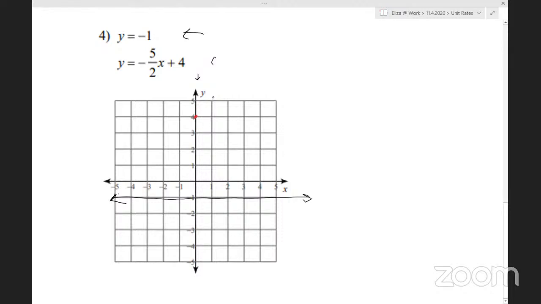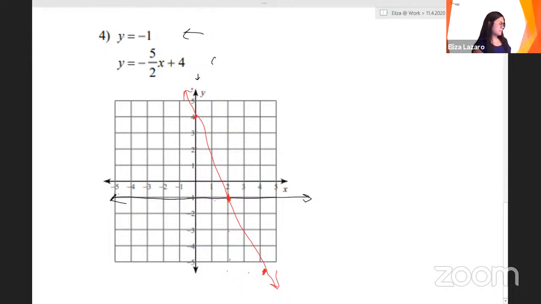So we're going to go down 5. 1, 2... 5 over 2. 1, 2. I don't know if you can see my counting, my tick marks, but I think we could go over again if we wanted to. Over 2 would be over here off that graph. So that would be the graph for that second one.